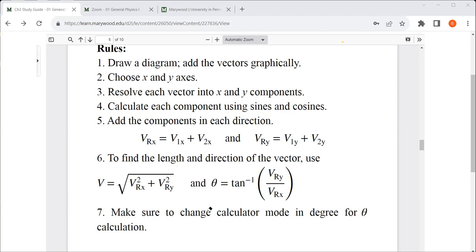Once we know the components, we can also get back to the vector by using the Pythagorean theorem and the tan theta equation. That's it for this lecture. We are going to learn projectile motion in the next class.